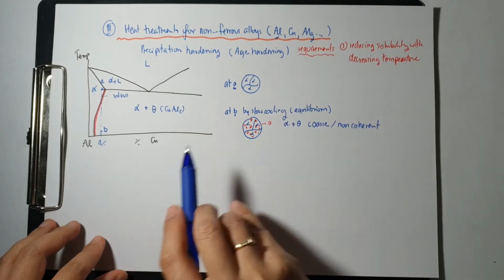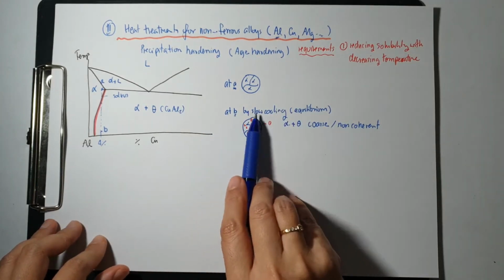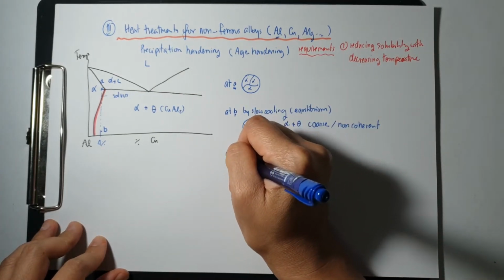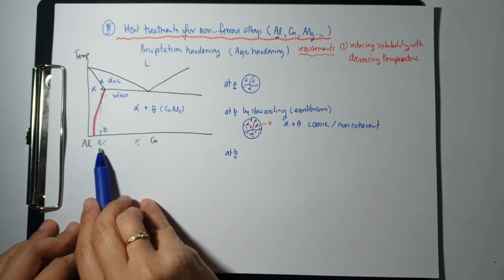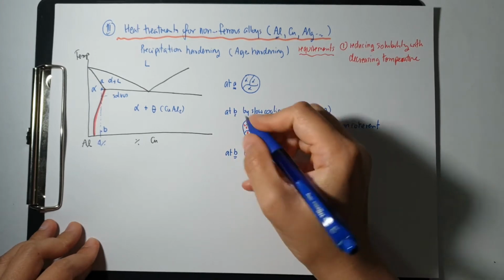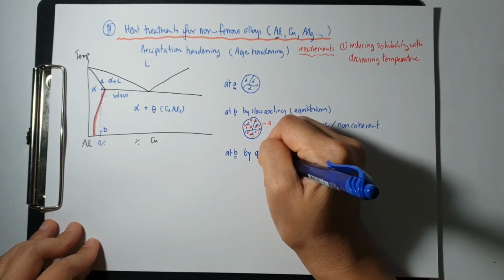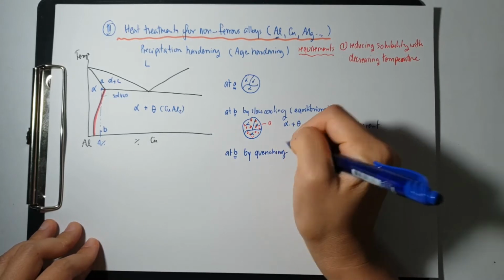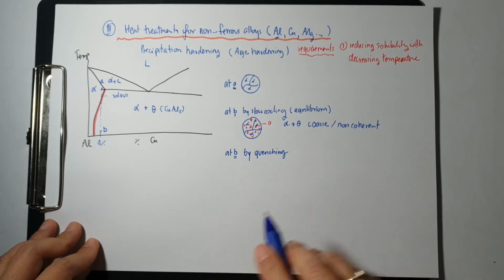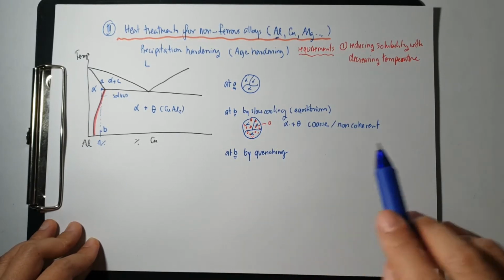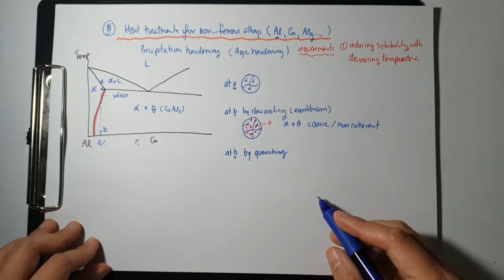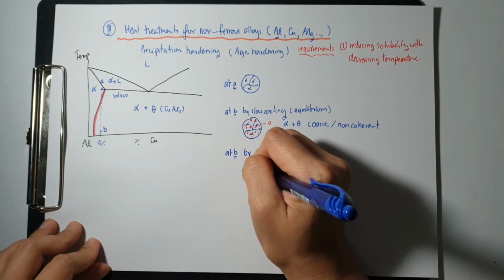We're not applying slow cooling, but if we apply fast cooling from A to B, if we arrive at B by quenching, that means very rapid cooling by putting the sample from the furnace into water. That is water quenching.